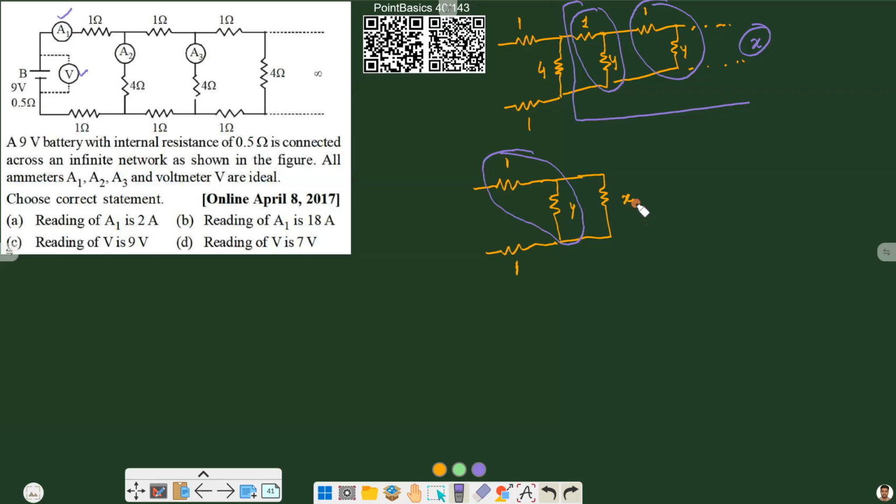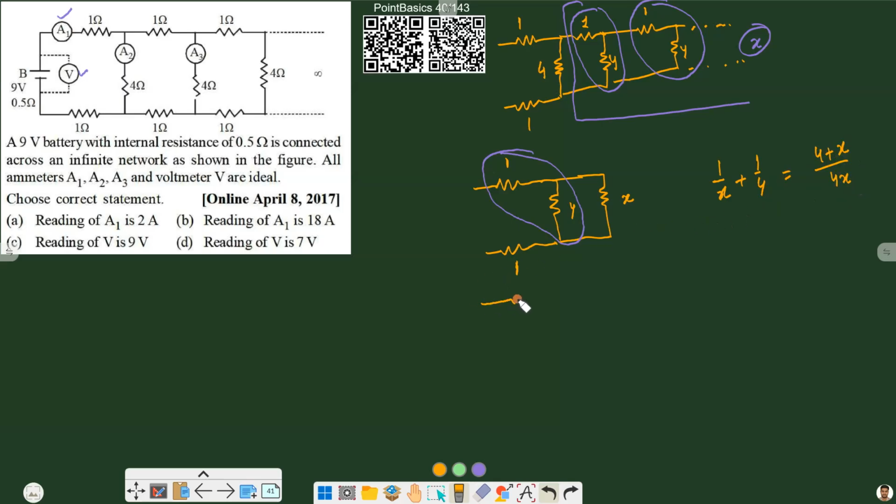So we are assuming here that its combined resistance is x. Then we will take the parallel combination and series combination, and again that final resistance will be equal to x, due to infinite recursion. So their parallel combination will give us 1 by x plus 1 by 4. That will be 4x as LCM and 4 plus x.